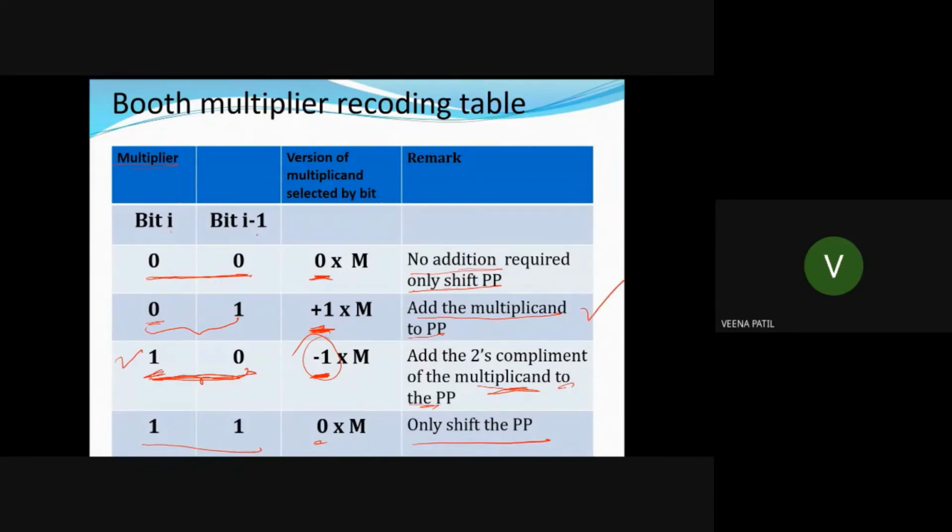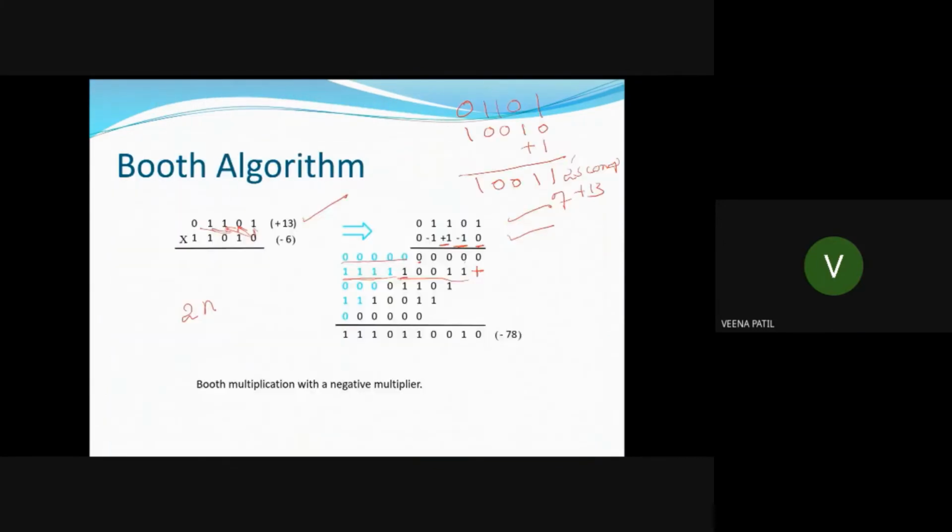So, plus 13, which is 0 1 1 0 1, I have written as it is, but after a shift of 2-bit positions, because this is at the 3rd bit position. I have extended the sign bit to occupy the remaining bits in the partial product.